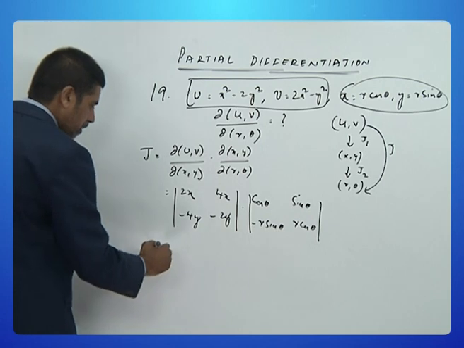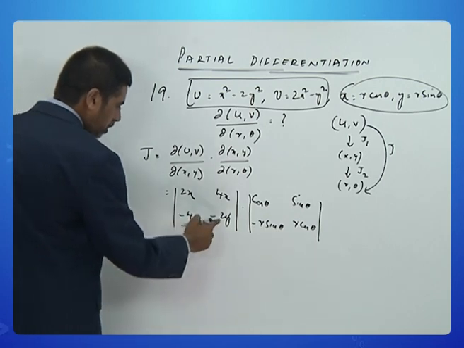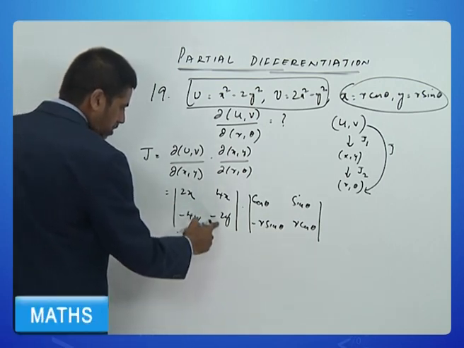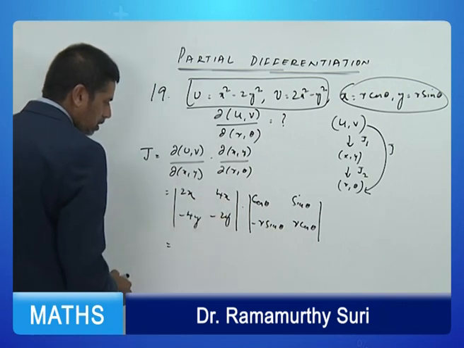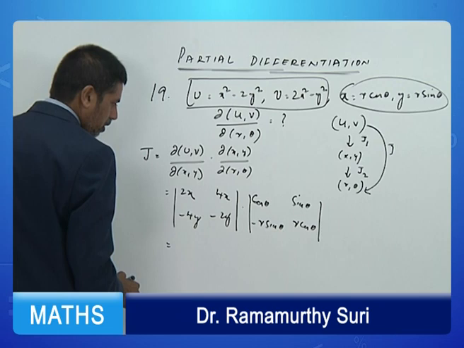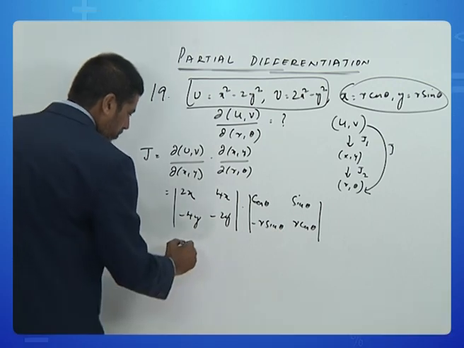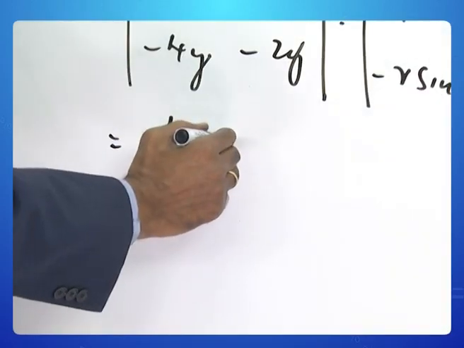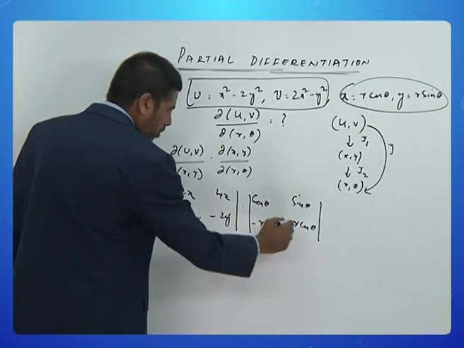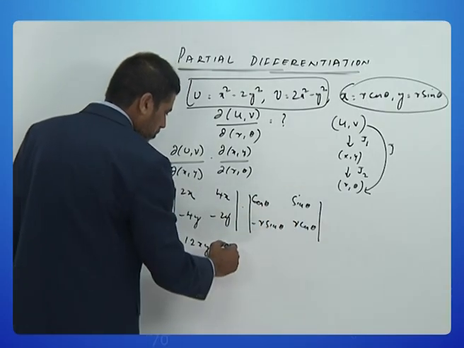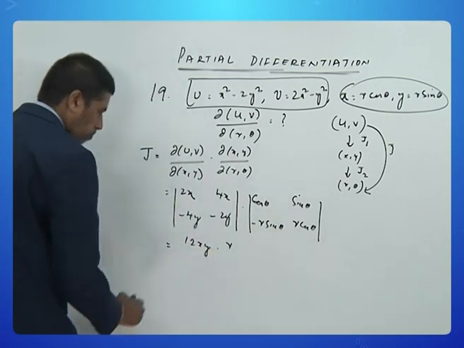So simple expansion of this would be −4xy plus 16xy. So that would be 12xy into r cos² θ plus r sin² θ, that is r.